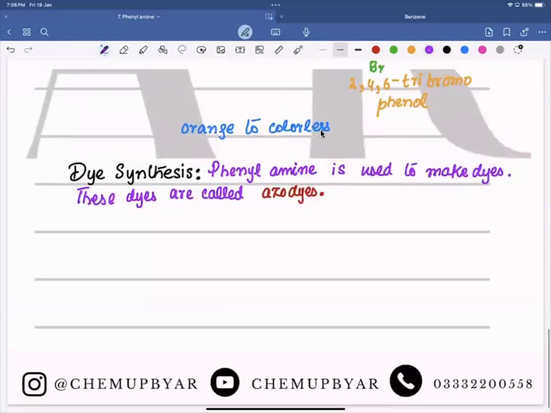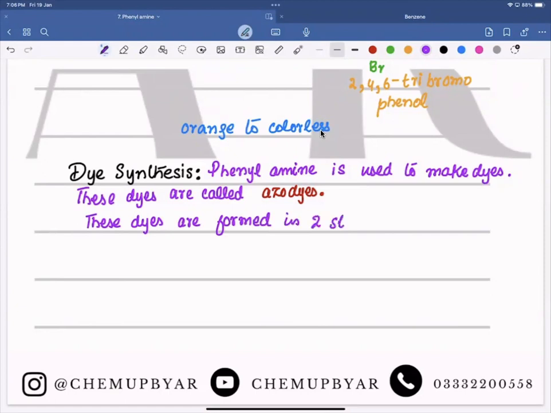Now these dyes are also formed in a two-step reaction.